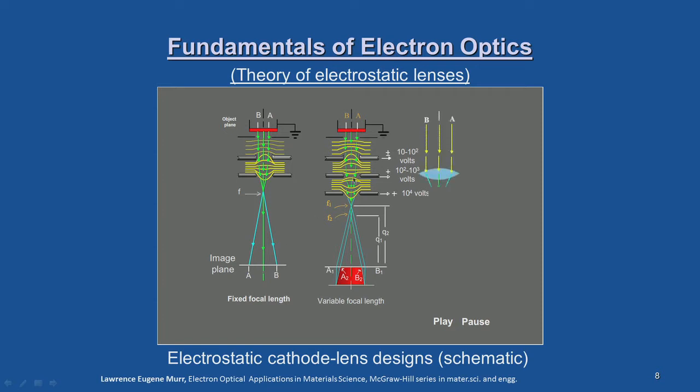And in the second case, it is a variable focal length, where you have a combination of electrostatic lenses of different field strengths. You can also vary this focal length, F1 and F2.